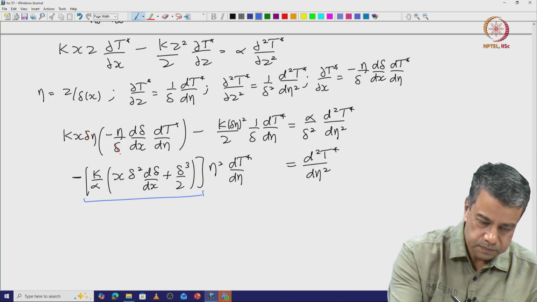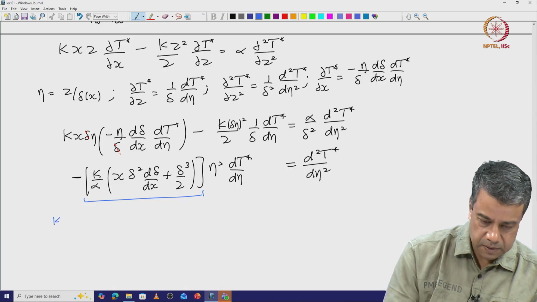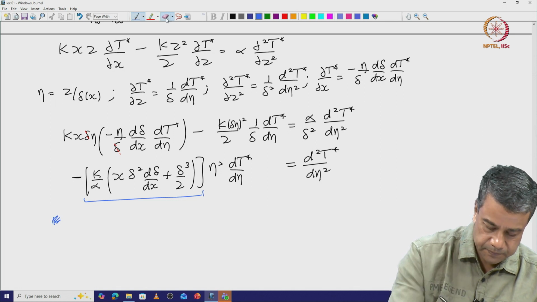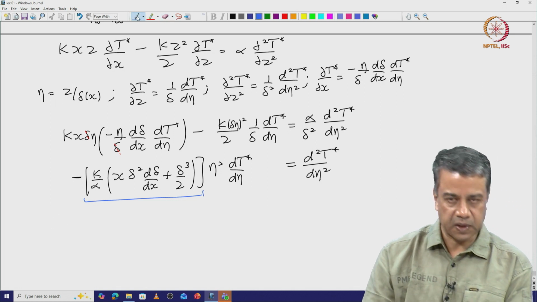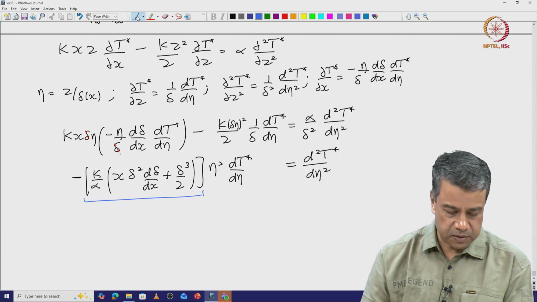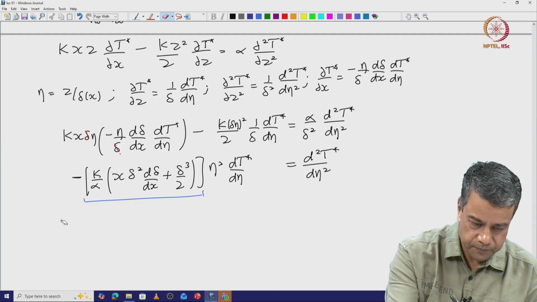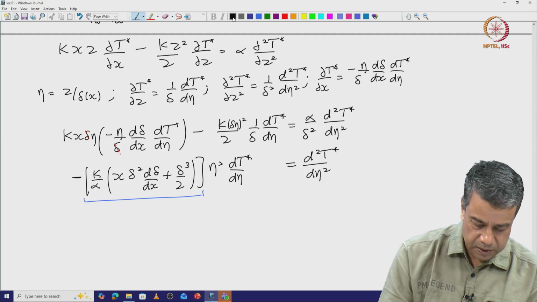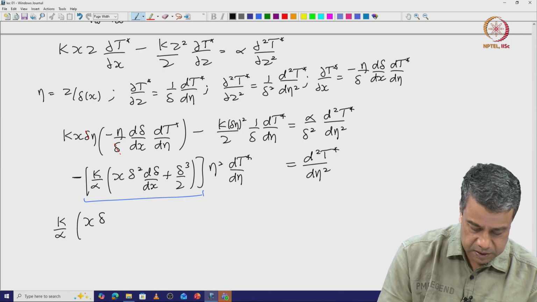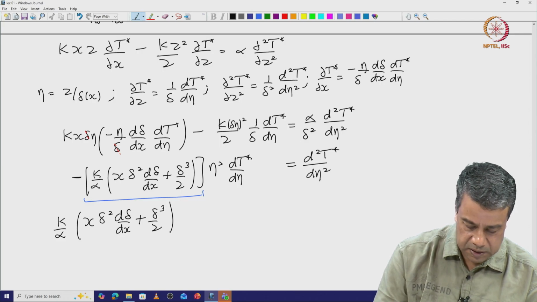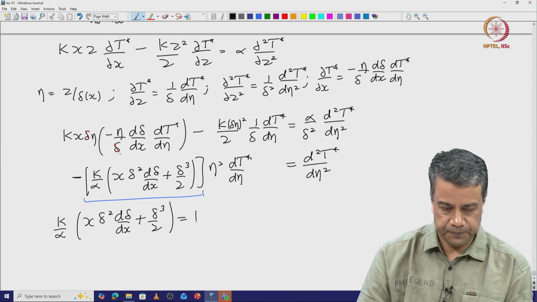So, in order to get a similarity solution, I require that k by alpha into x delta square d delta by dx plus delta cubed by 2 has to be equal to 1.